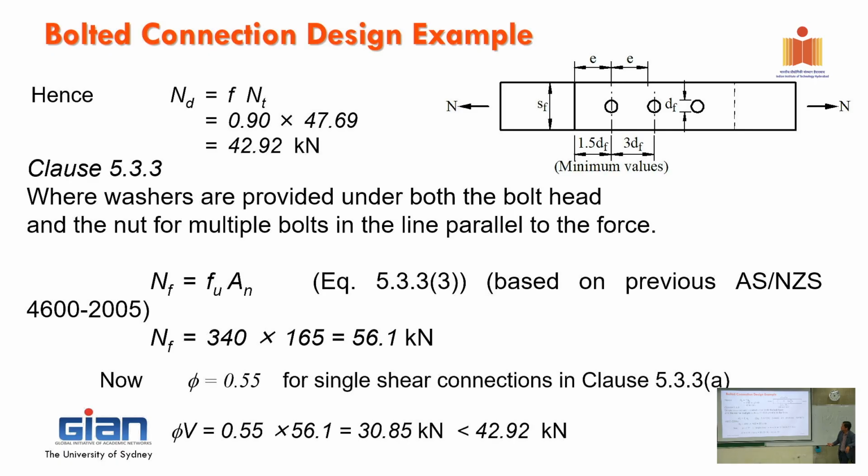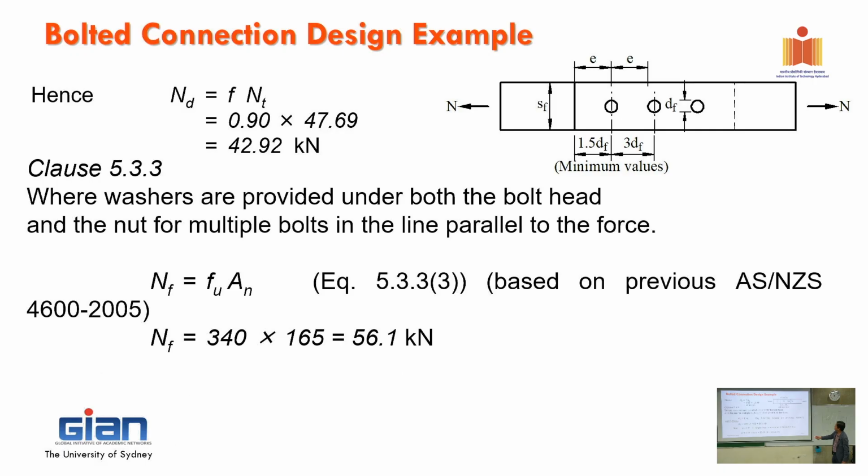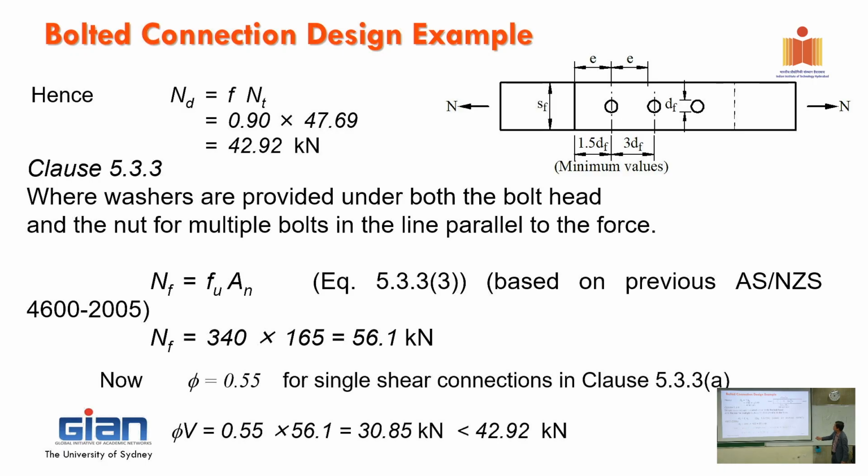We keep going. Sorry, the phi factor is down here, 0.55. In the Australian code, 0.9 is usually used when the failure is rupture, block shear, or things like that; we multiply by 0.9. I will check where that 0.9 came from and get back to you. But the phi is 0.55 down here.